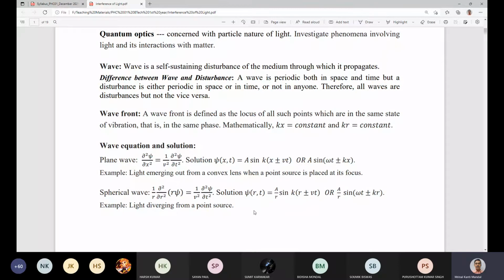Its intensity reduces as you move away from the point source. That means its amplitude is decreasing, proportional to 1 by r. So the amplitude is a by r, sin k(r plus minus vt) or a by r sin(omega t plus minus kr), right? So this is the solution of the spherical wave equation. It represents the spherical wave. An example is light diverging from a point source.